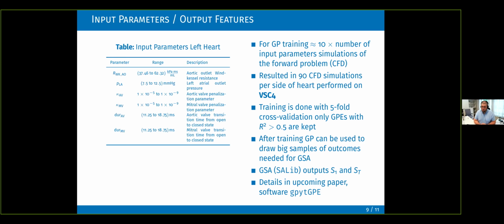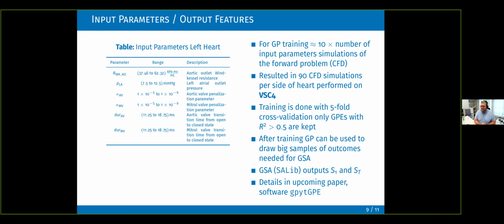So what we did for our model, have a look at the time, we chose these parameters that you see here: the windkessel resistance, the left atrial pressure, then also these penalization parameters that we were interested in, whether the model idea of penalizing these valves also influences the solution, and also these duration times.